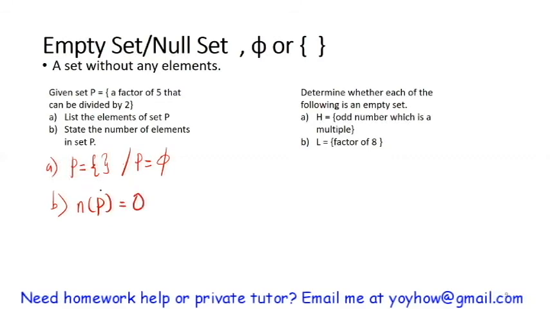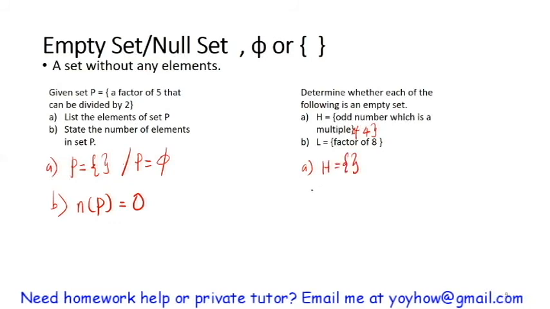Now let us look at another example. Determine whether each of the following is an empty set. A, H equals odd numbers which are multiples of 4. Do you have any odd number which is a multiple of 4? Definitely no, right? So H equals the null set.